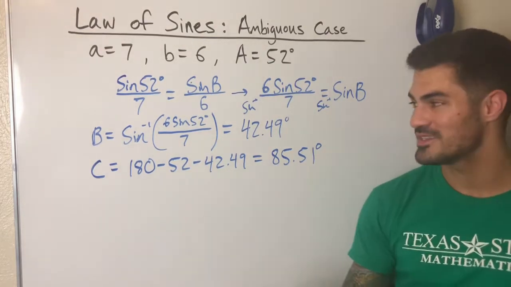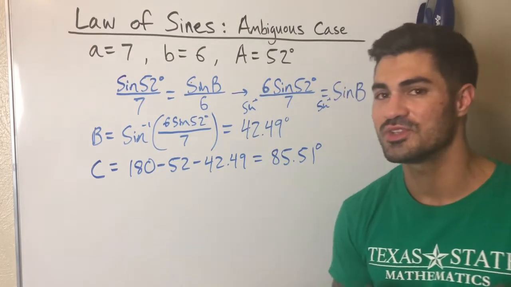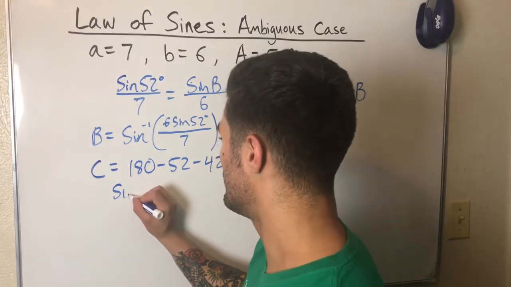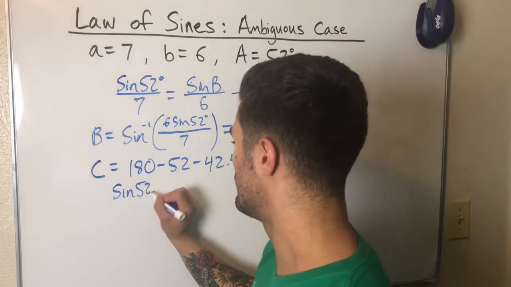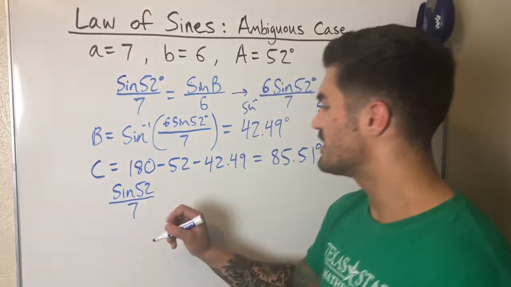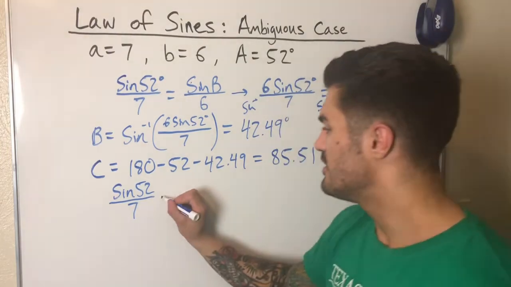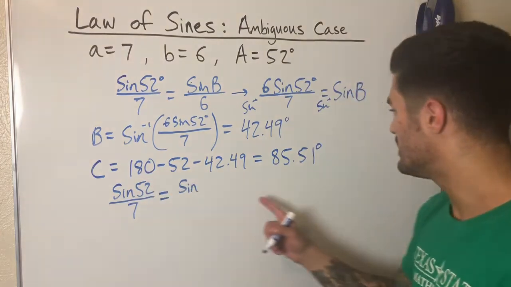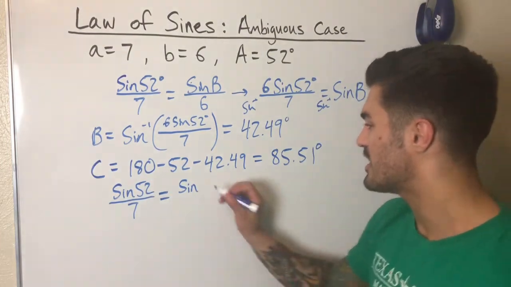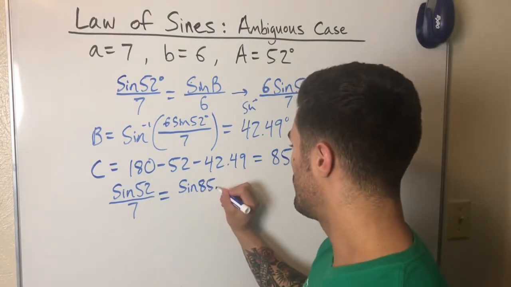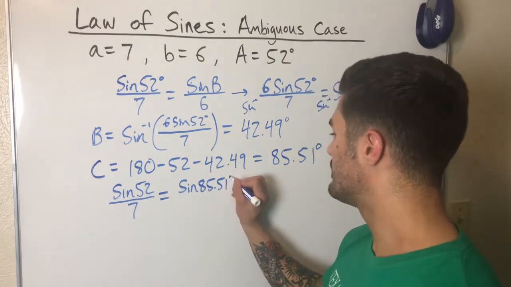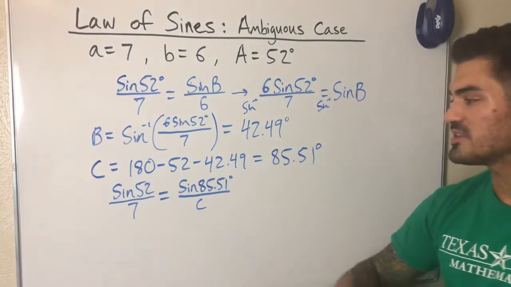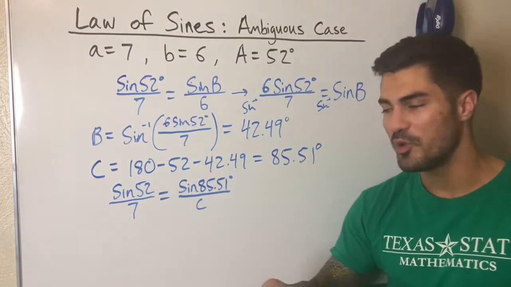Now I just need to find side C. So again, I can use the law of sines. I can do sine of 52 degrees over 7, so that's sine A over A, equals sine of 85.51 degrees over C, because I'm going to solve for side C. I can flip both sides again.